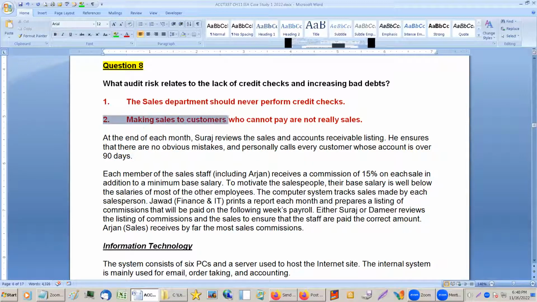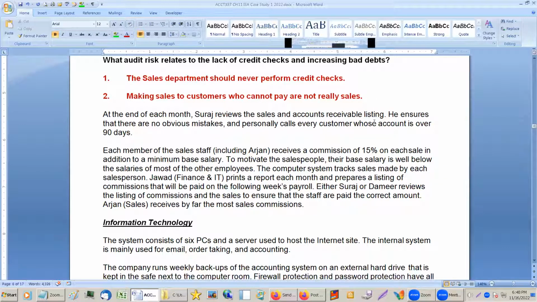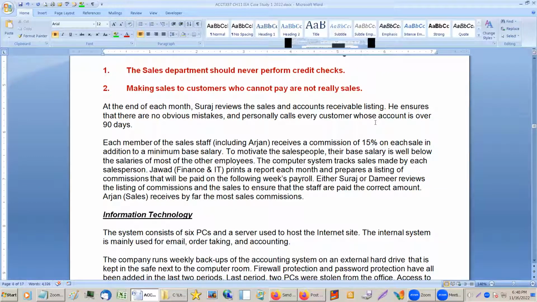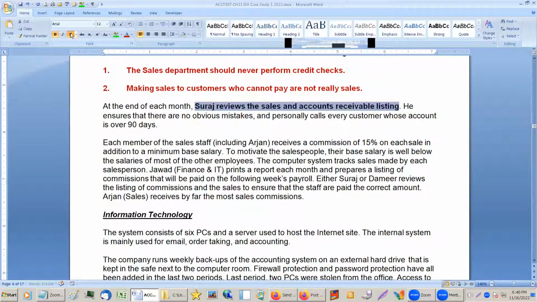And by the way, this isn't a problem just for this business. This can be a problem in a lot of businesses, where you're selling to people that you really shouldn't be selling to, and because those are never going to be collected, those are not really sales. Now, there is somewhat of a control over this.